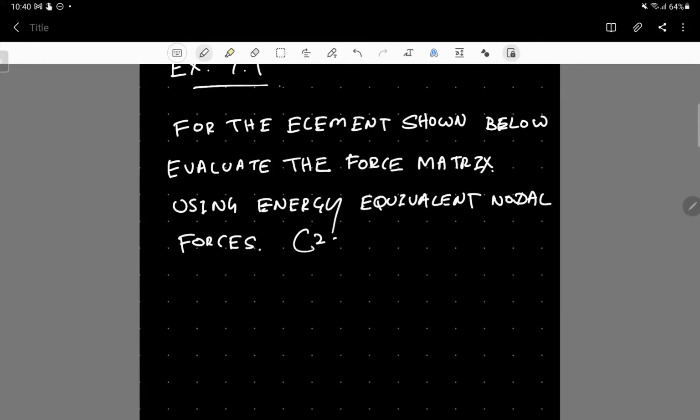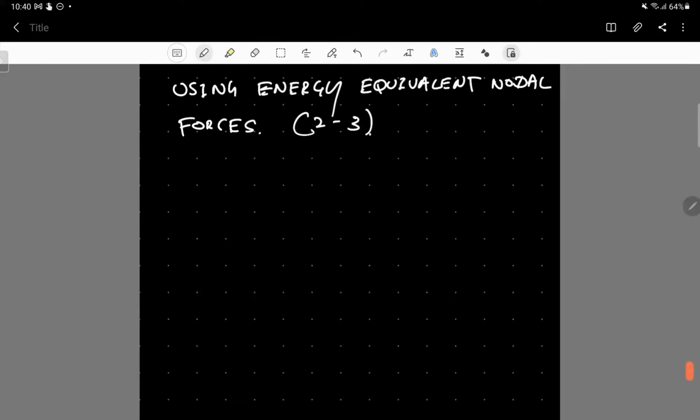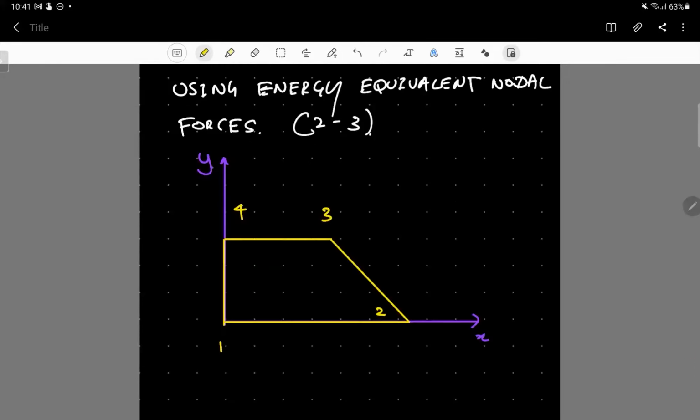So this is the element that you will have to use. The corresponding coordinates are 8, 0. Here the third node is 5, 4 in the XY coordinate system. This is 0, 4.